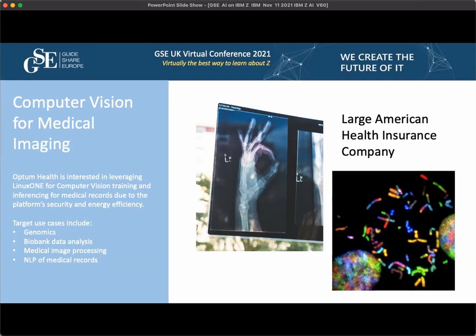So I hope I gave you a high level overview of the broad spectrum of AI use cases that we're seeing on our IBM Z and LinuxONE platforms, and the benefits that our clients are seeing from leveraging AI on IBM Z.